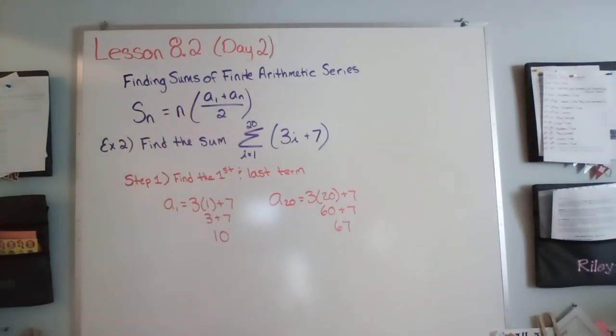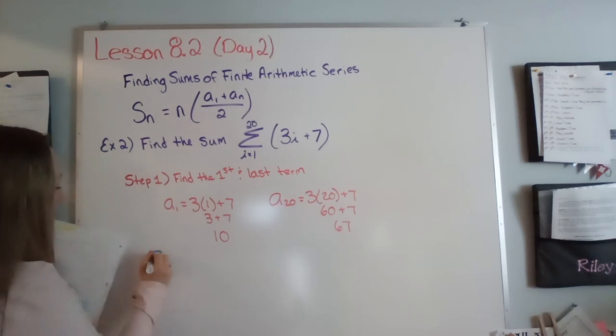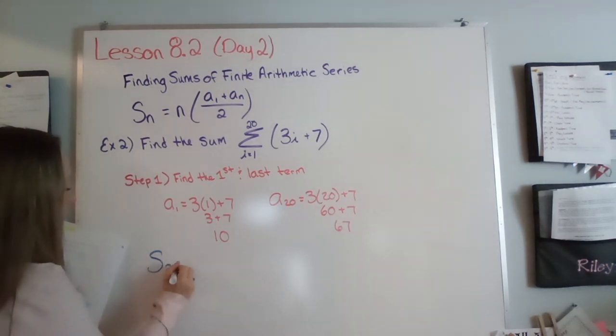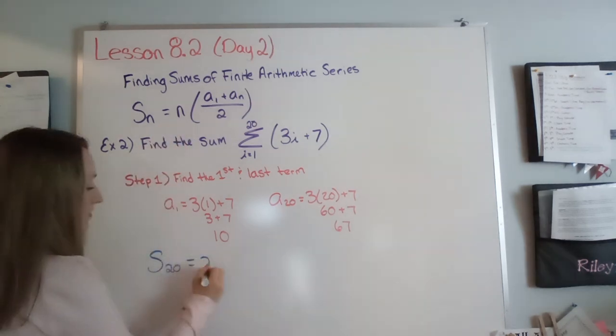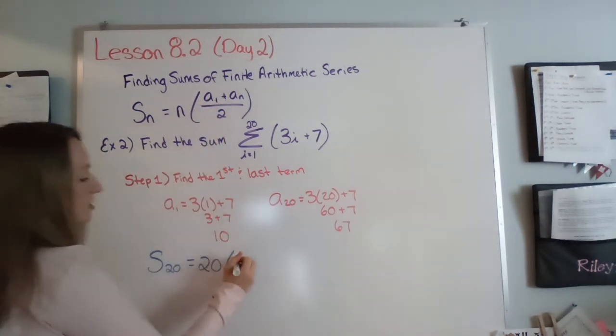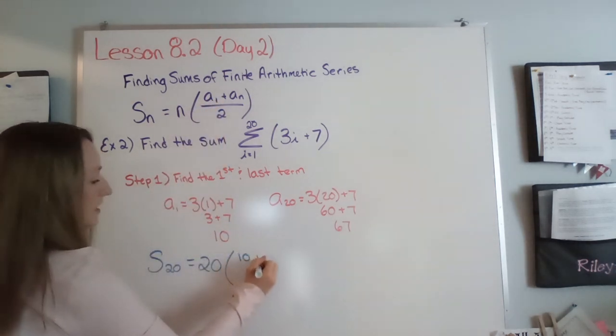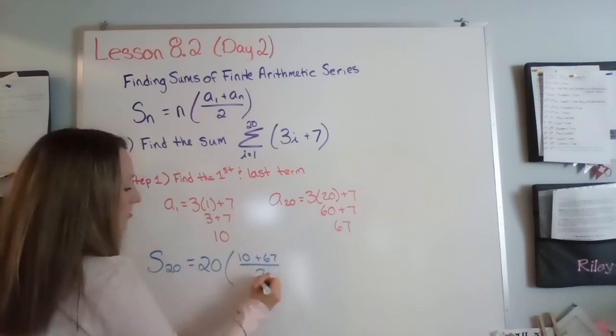Then what you do is you plug into the formula. I'm trying to find the sum of the first 20 terms, so S sub 20, and that's going to equal 20 times, in parentheses, the first term, which is 10, plus the last term, which is 67, divided by 2.